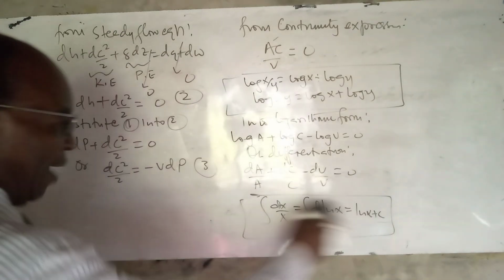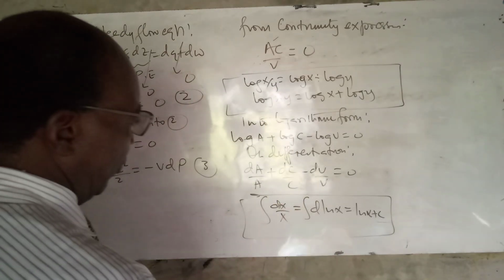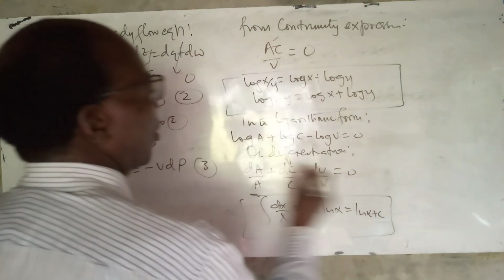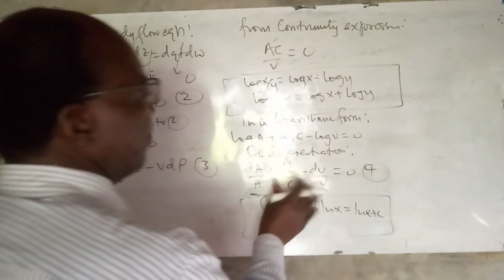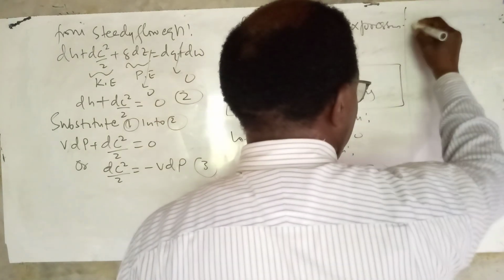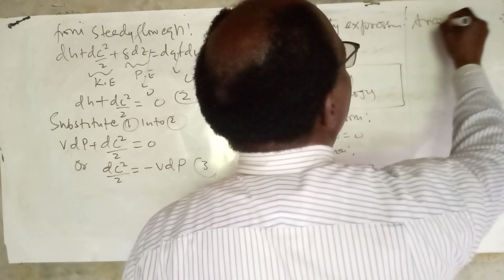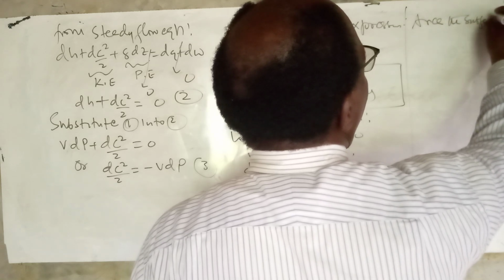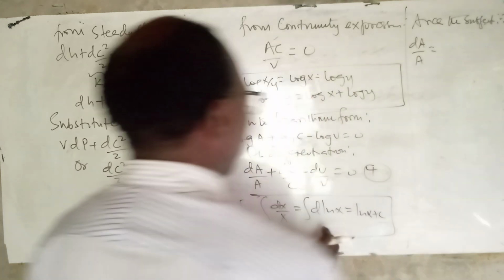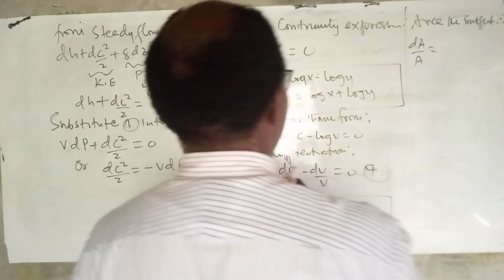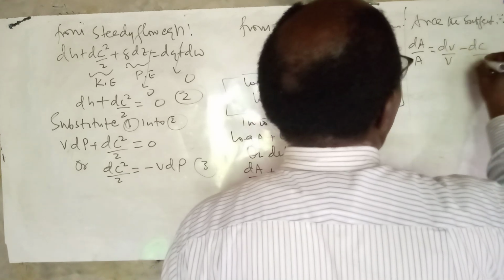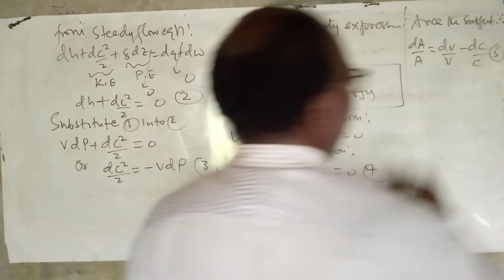Let's call it 4. If we simplify this expression 4, making dA over A the subject, we have dA over A is equal to dV over V minus dC over C. Let's call that expression 5.